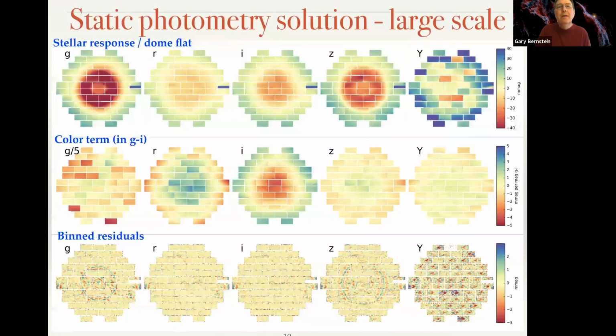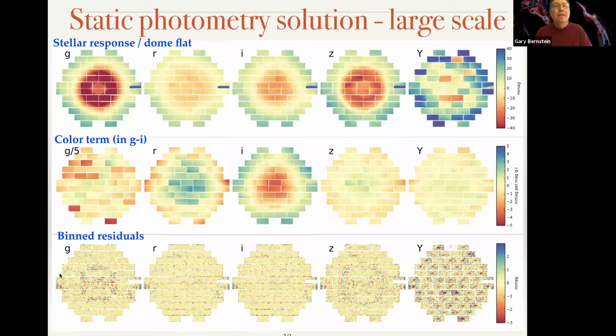Okay. All right, so just jumping to some results here. These are photometry results. This is what the photometric solution looks like. What you see on the top is what we call the star flat. This is what Robert showed yesterday. This is the ratio of the response to true focused stellar light compared to what the dome flat gives you, right?